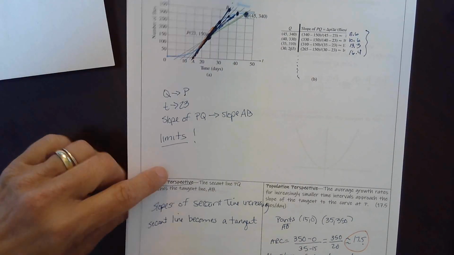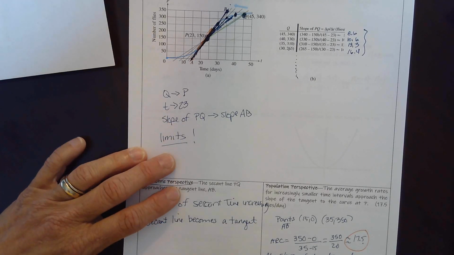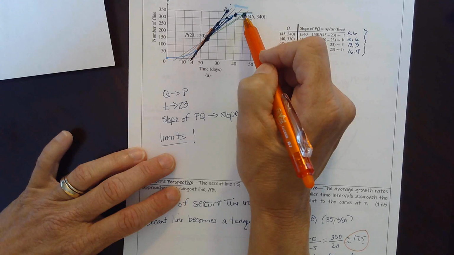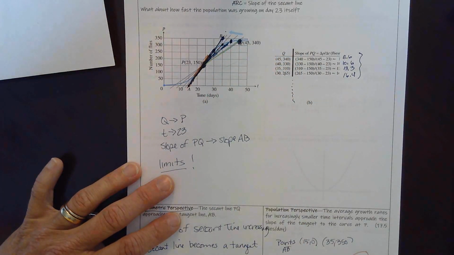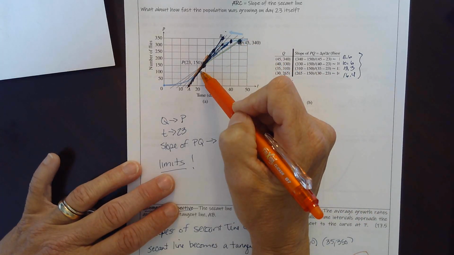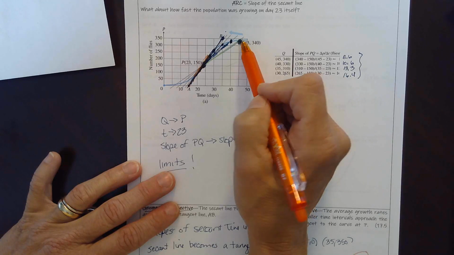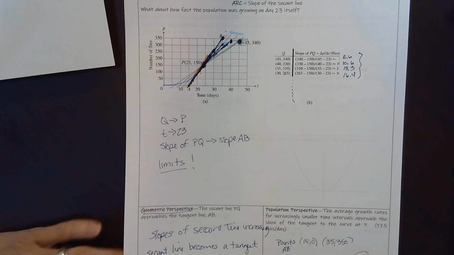So finding a rate at a particular time involves limits, because as one thing happens, it causes something else to happen. So as the secant line approaches the tangent line, the values of the secant lines approach the value of the slope of the tangent line.